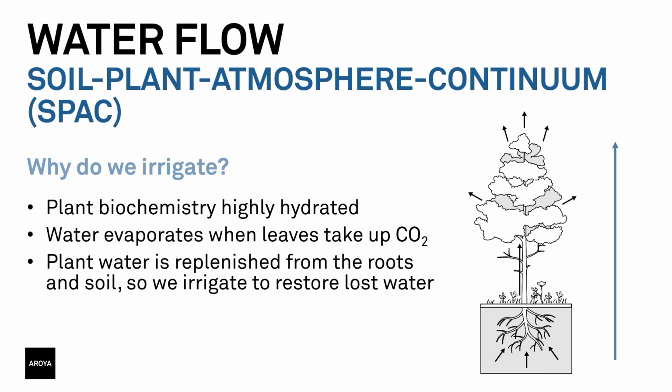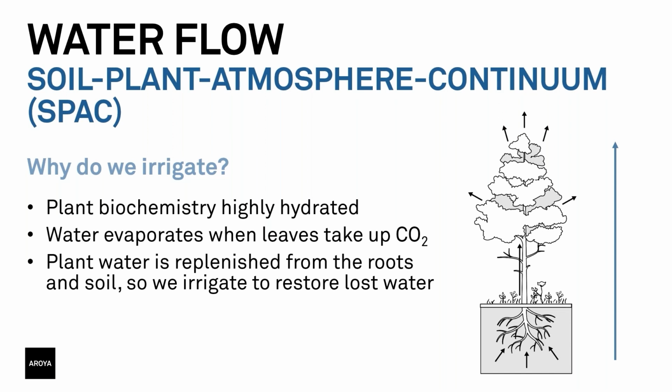The first question we might ask is why we need to irrigate in the first place. We know that plants, like us, need water. Life processes are sustained by a series of biochemical reactions that can only occur in a highly hydrated environment. We, like plants, live in a pretty dry environment. Our problem is to get oxygen from that environment and we lose water in the process with every breath we take.